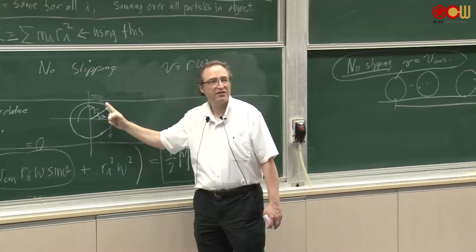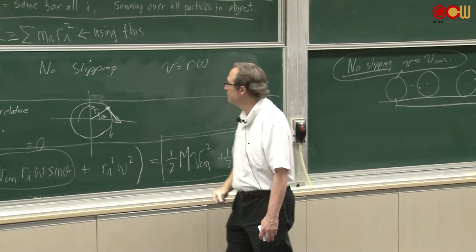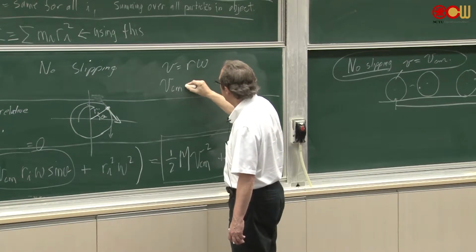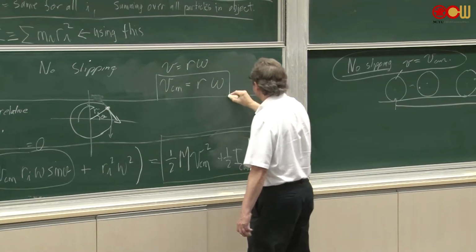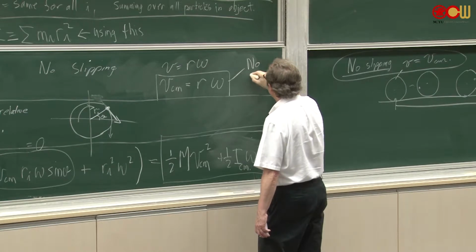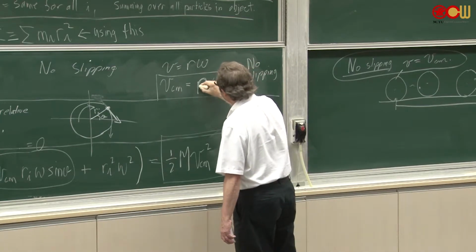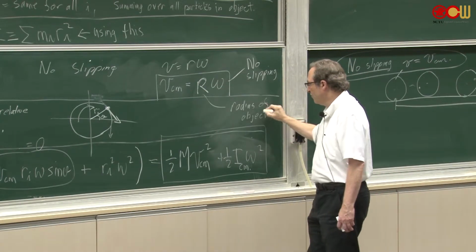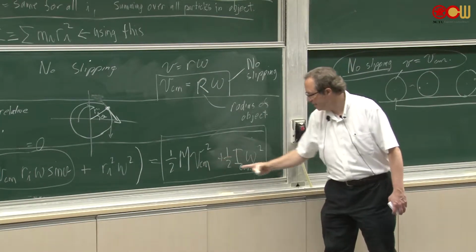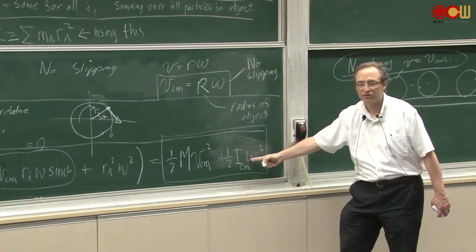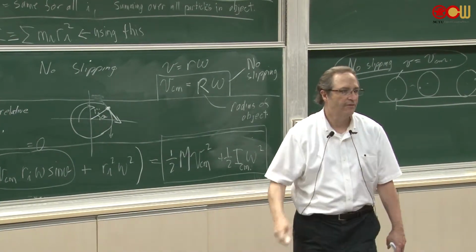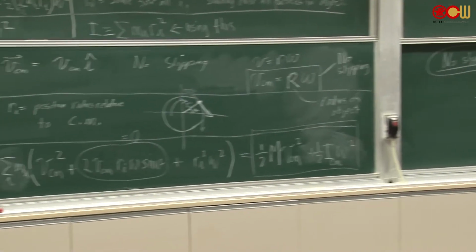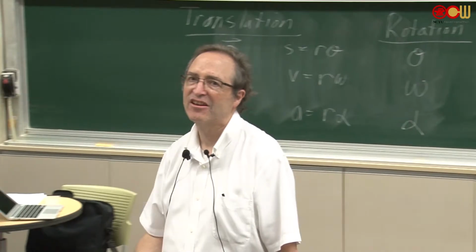On the surface of this object, we know that that V is the same as V center of mass. So we can write this when there's no slipping. And this is the radius of the object. So in a lot of problems, it can be written in terms of this or vice versa. The velocity of center of mass is the radius of the object times its angular velocity.